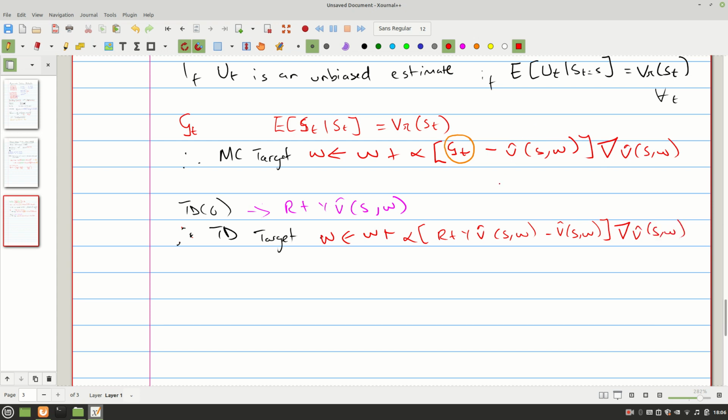This is how our update rule would look, and this is our TD target.